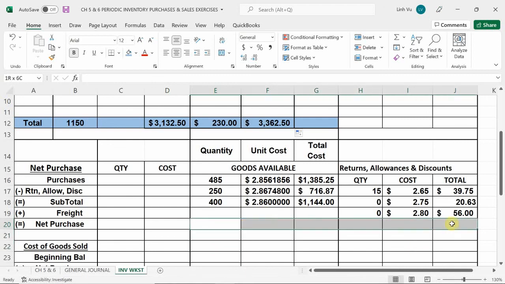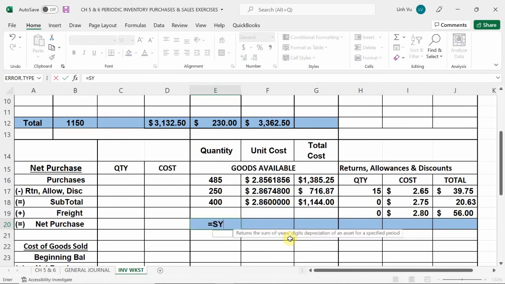So how many goods available do I have? How many mugs? 1,135.